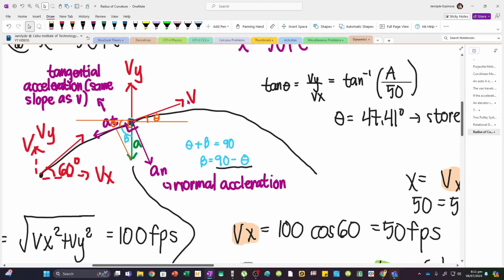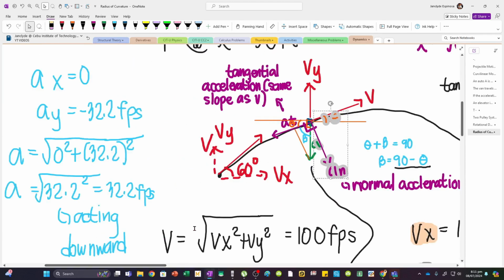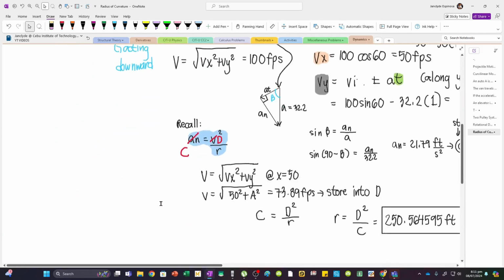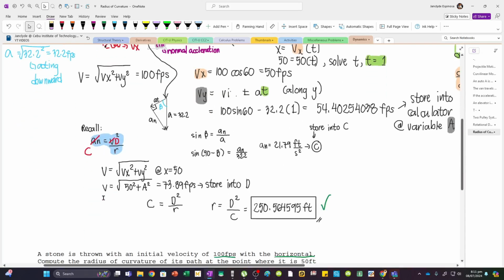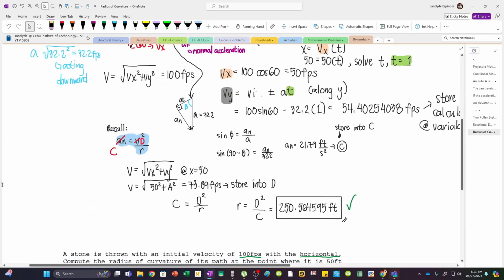So, ito na yung gamitin natin na concept. Yung component ng velocity is along the tangential component of acceleration. And then we also have a normal component of acceleration. And then we're gonna use this formula.